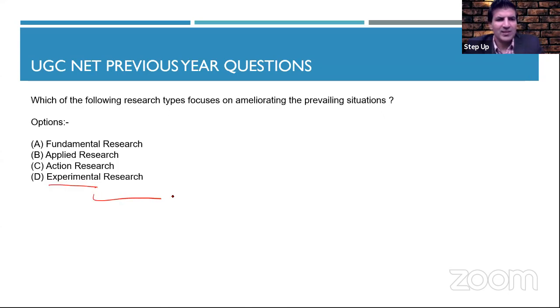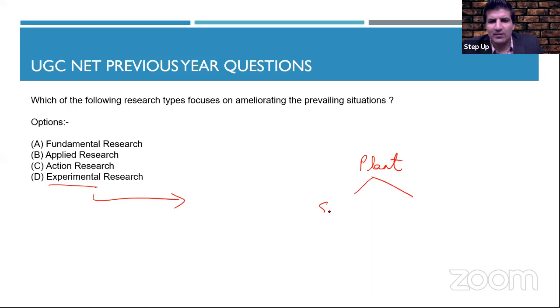Experimental research, again, guys, is really the gold standard for finding causal relationships, right? So, for example, if I want to know whether, let's say, A leads to B, I want to find out whether by manipulating certain variables, what is the effect on other variables. So, for example, let's say I have a plant.